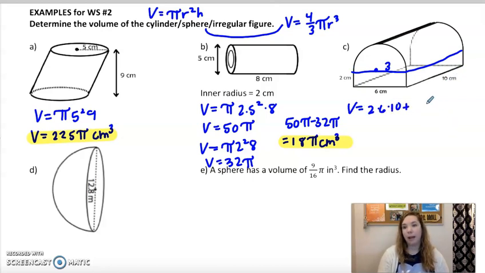And then I'm going to add my half cylinder. So half of pi r squared times height. So 2, 6, and 10 should give us 120. And then this should give us 9 times 5 is 45 pi. And if I want exact form, I would go ahead and leave it like this. I can't combine it any further. Cubic centimeters.